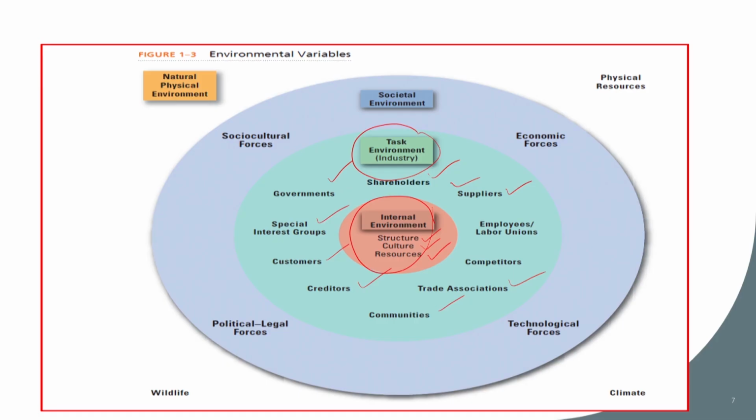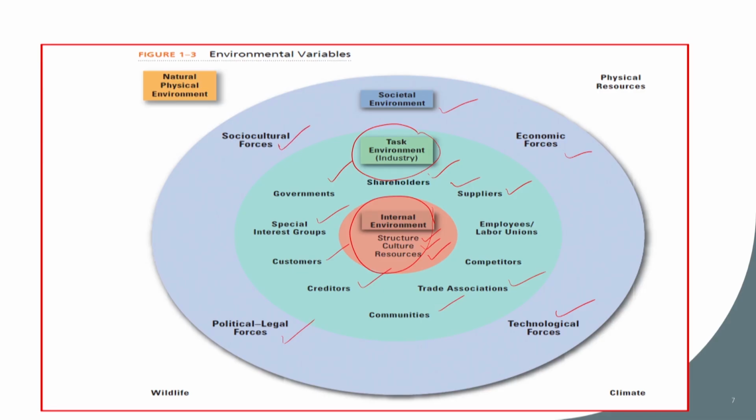So these are all the second layer, that is mainly the task environment. Then comes finally the broader environment, that is the broadest in the sense of the external environment. That means it includes societal factors, economic, technological, political, legal forces and socio-cultural forces.